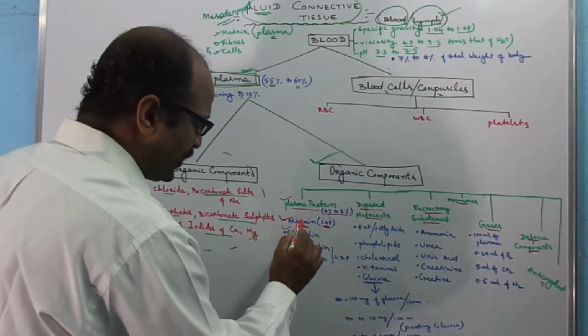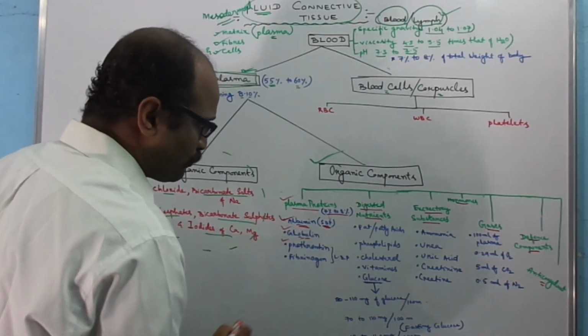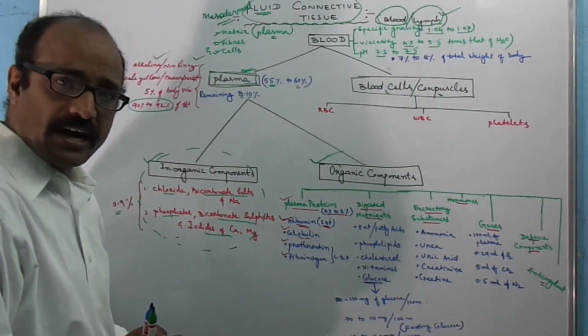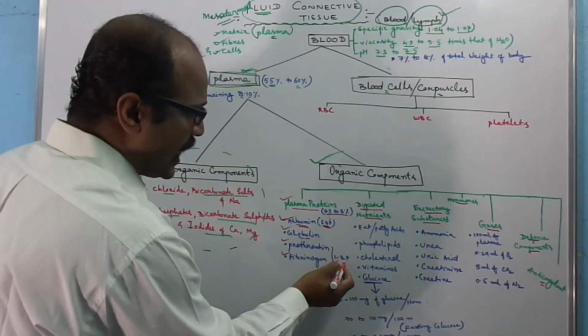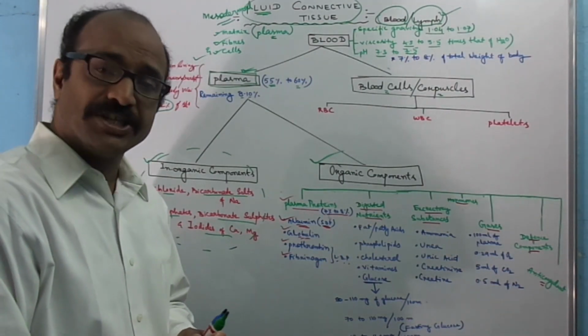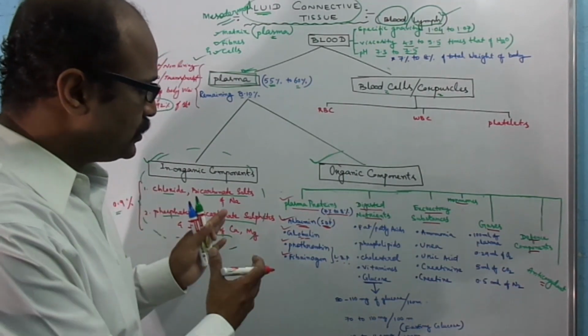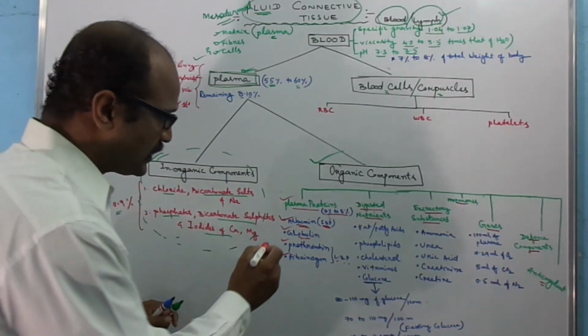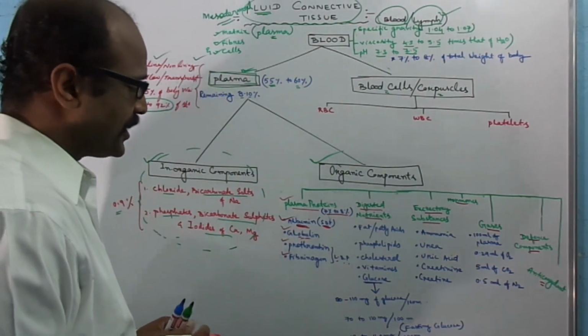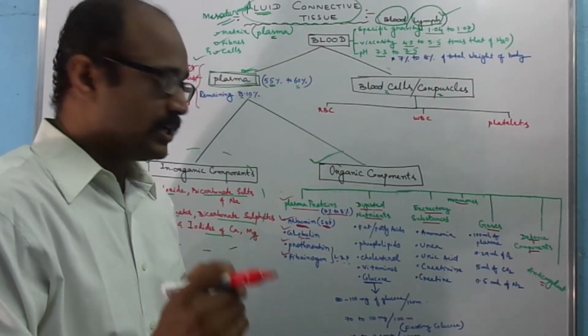Some other proteins are prothrombin and fibrinogen, which are regarded as the large blood proteins, and they help in blood clotting. So albumin is very important because it provides the colloidal and sticky nature of the blood.